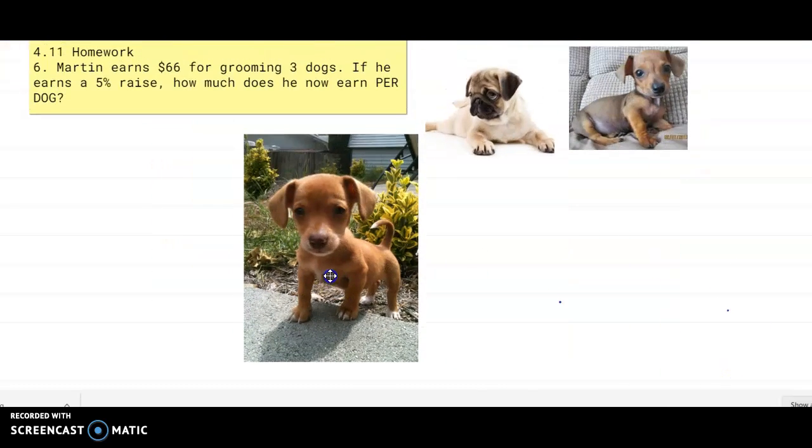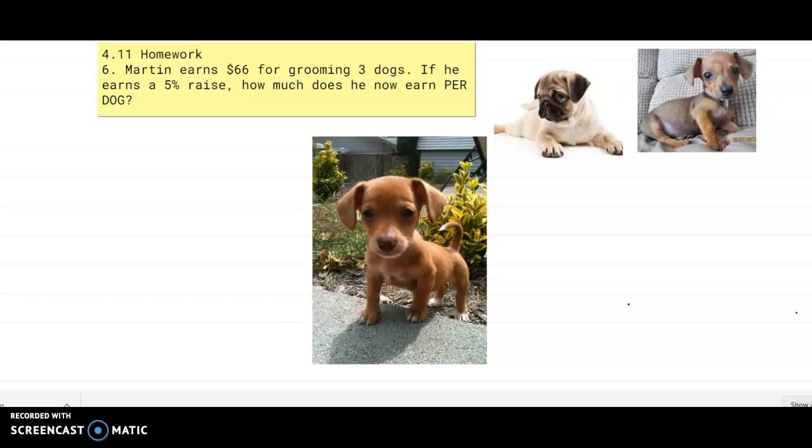These are the 3 dogs that he's going to be grooming. So if he gets paid $66 for grooming 3 dogs, we want to know how much he's getting paid per dog. So what's 66 divided by 3? 3 goes into 6 twice, 2 times. So he gets paid $22 for grooming each one of these guys.